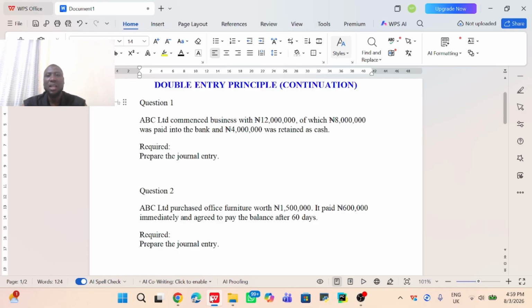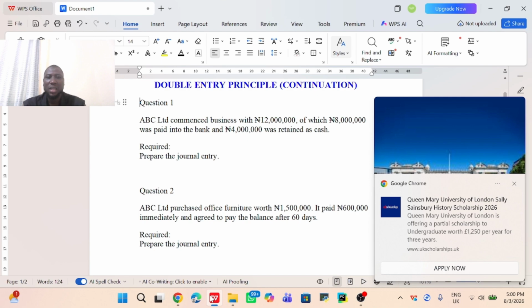The last class we discussed the double entry principle, where I said that for every debit entry, there must be a corresponding credit entry, and vice versa, which means for every credit entry, there must be a corresponding debit entry too, right?